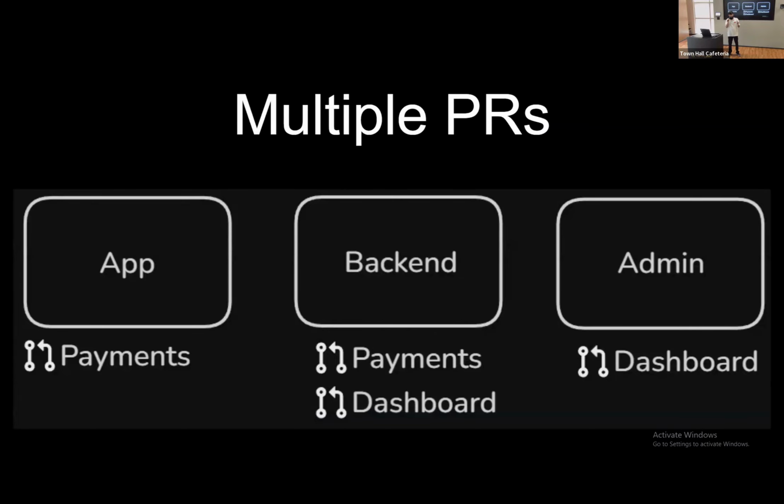So you have to raise a PR on the app side as well as the backend side. If you have an admin feature, you have to raise a PR over there as well. So now if you have one feature, you have to raise multiple PRs. Those PRs need to be reviewed. One cannot be merged until the second is merged together. And if you want to revert something, you're going to revert both together. This is like a circus going on just because you have multiple PRs.